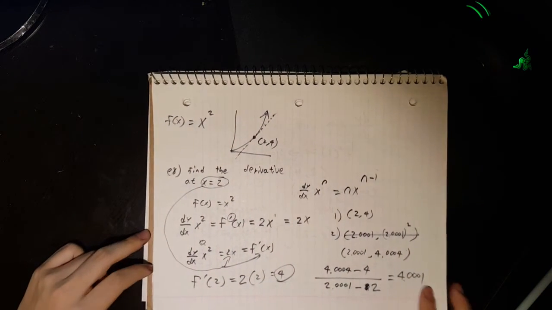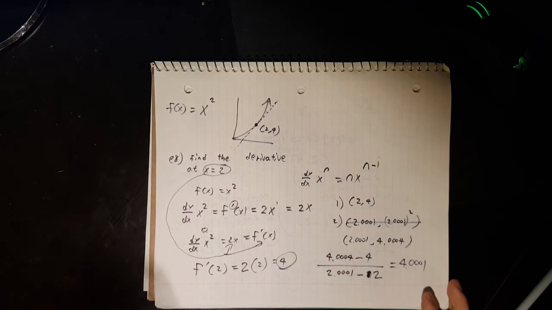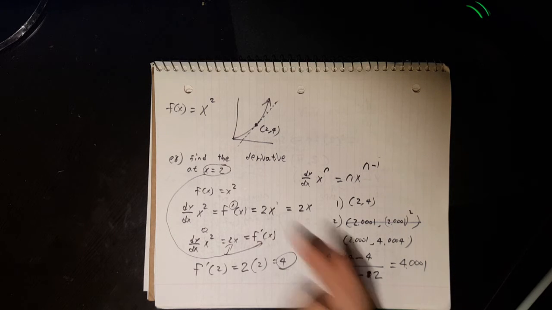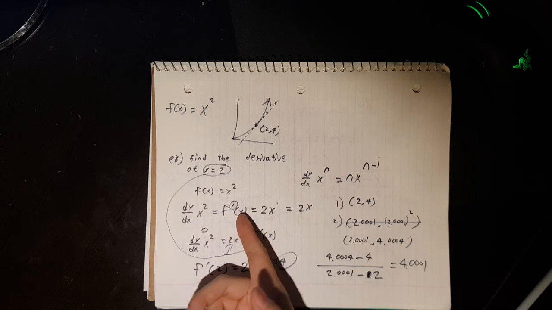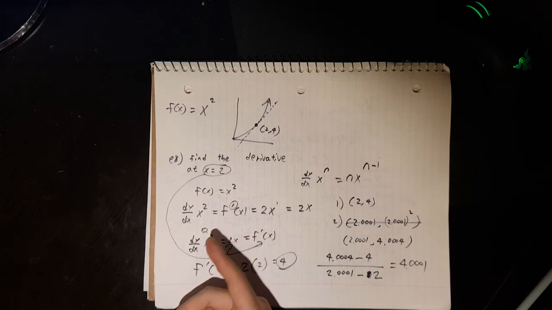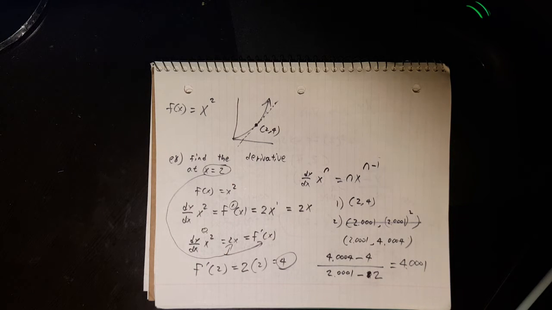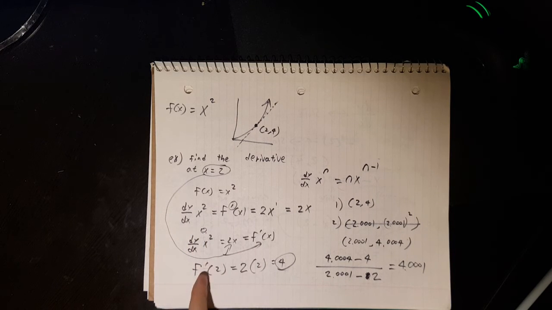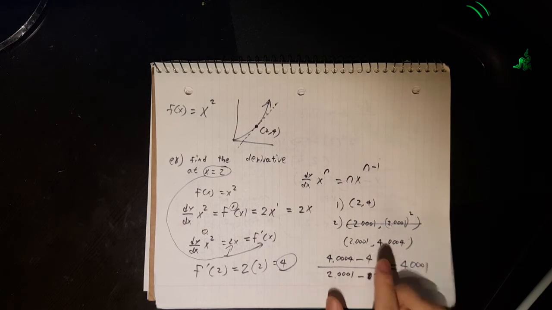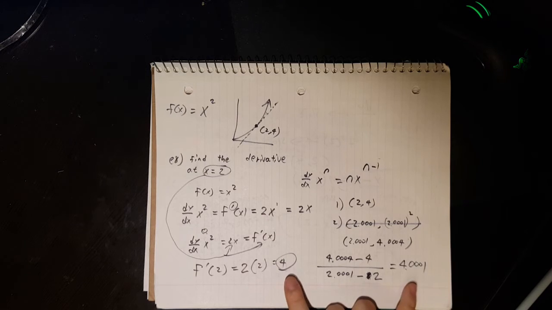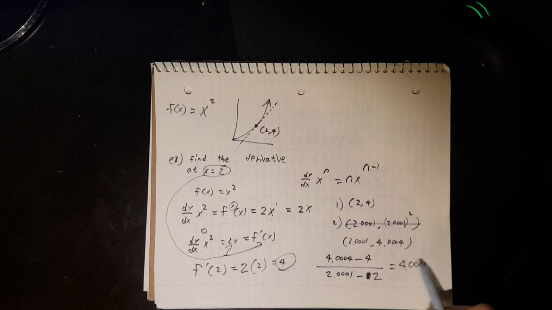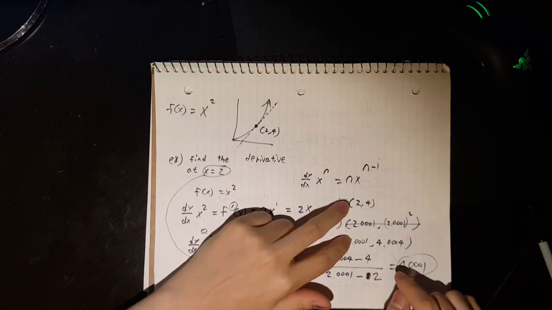Probably the most important rule, the power rule, how to use it, and different notations of derivative. We haven't covered second derivative yet, and I might do that in the next video. But yeah, how to read these notations, and we did an example, and we did in fact verify that the slope was 4, as these 2 points were incredibly close.